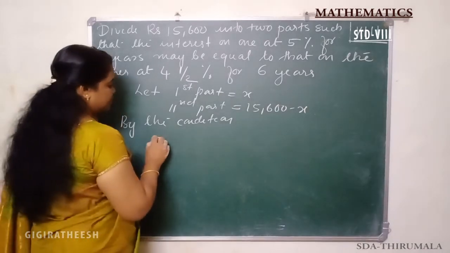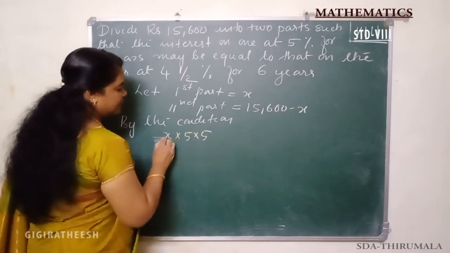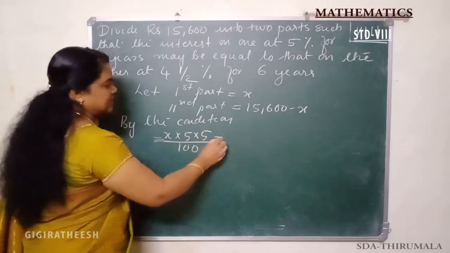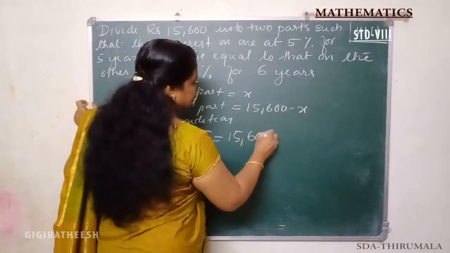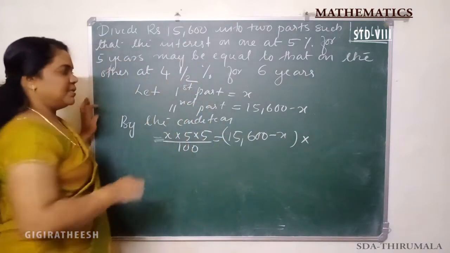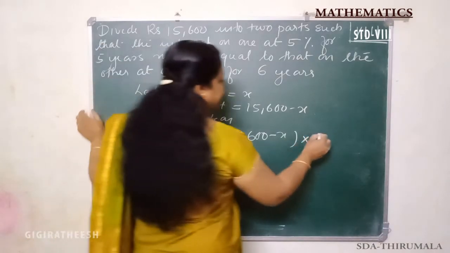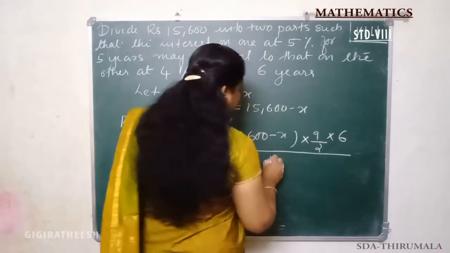That is x into 5 into 5 divided by 100 is equal to the principal 15,600 minus x into the interest 4 and 1 by 2, that is 9 by 2, into 6 years divided by 100.